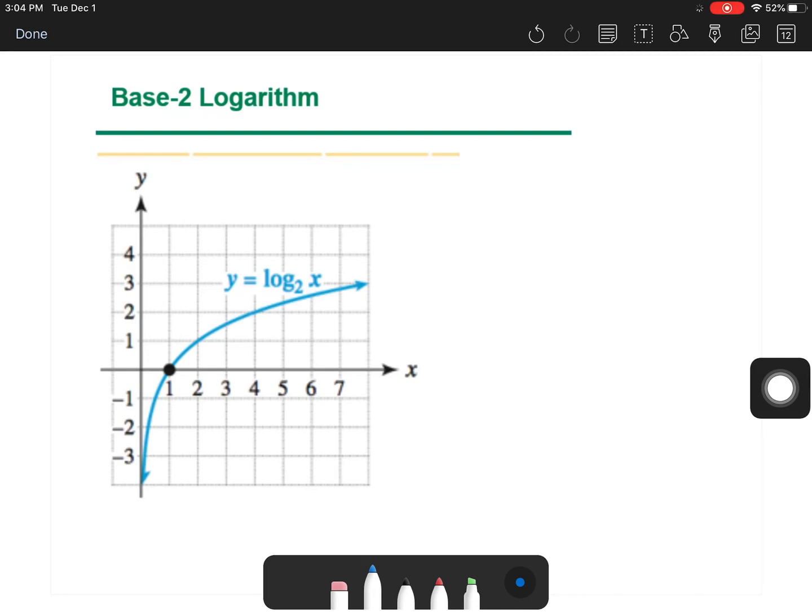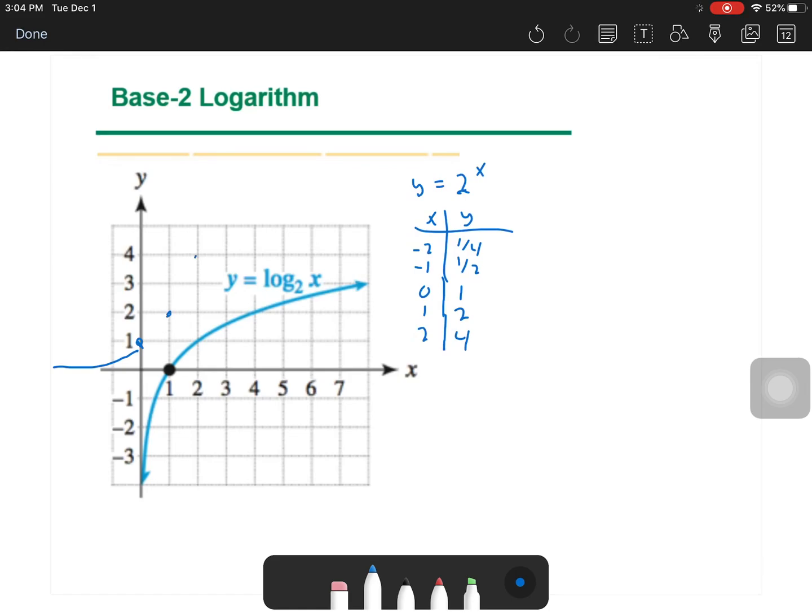So in other words, if we were thinking about what its inverse would be, if we're going to graph its inverse with it, if we were looking at 2 to the x, and we made a table for that, we could input anything, like -2, -1, 0, 1, 2, for example. 2 to the -2 would be 1/4, 2 to the -1 would be 1/2, 2 to the 0, anything to the 0 is 1, 2 to the first, 2 to the second. I can't fit all that on there, but I would get something that looks like this. At 1 I'd be at 2, at 2 I'd be at 4.